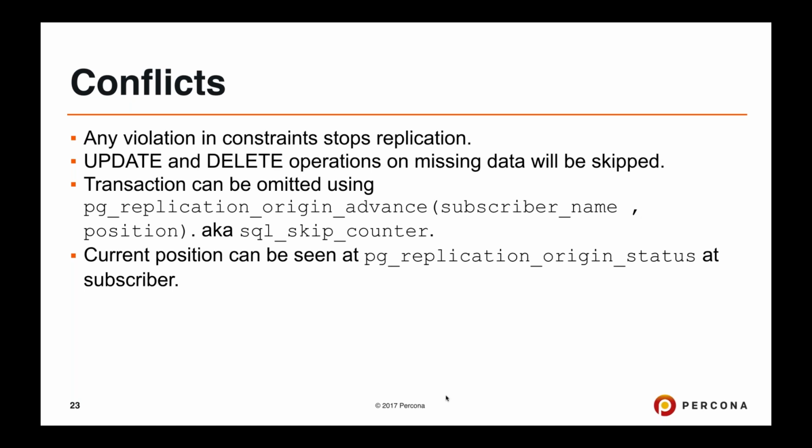There is a particular function that allows you to skip an event, like, as we previously had in MySQL, the SQL skip counter. The only problem that I saw here is that the position is given through a log sequence number, and getting the log sequence number for a particular position is a bit harder.